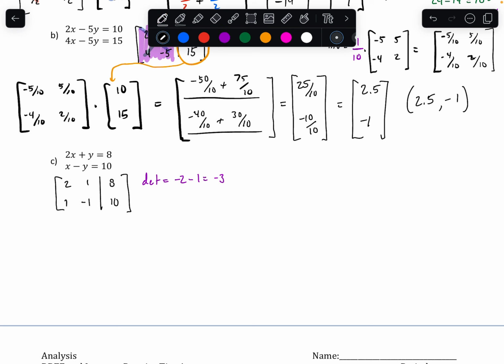So the inverse is equal to 1 over negative 3 times, these two are going to swap places, 1, 2, these are going to both switch their signs, so they're both going to become negative 1.